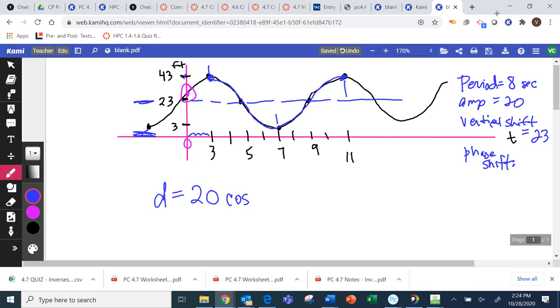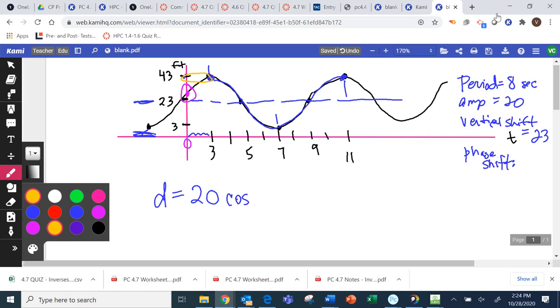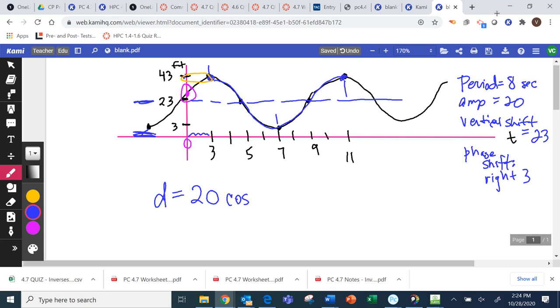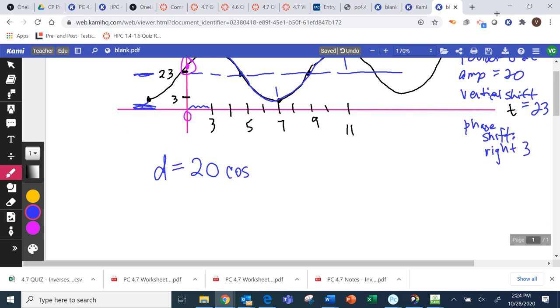But I'm only asking about how far over is it starting? A little bit louder, I couldn't hear you guys. Oh, 3. Which direction 3? Right 3? Maybe that's what you said. That's what I had trouble understanding. Okay, so when I put this stuff in, if I know my period, the number that actually goes in is not my period. The number that goes in is 8.